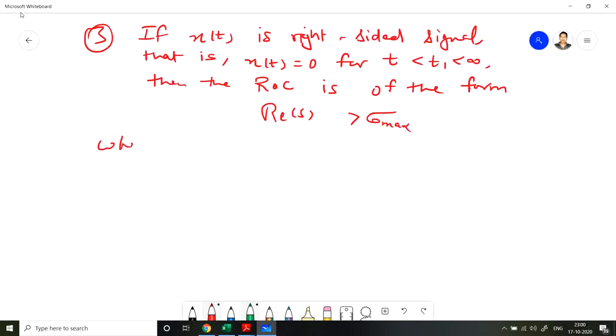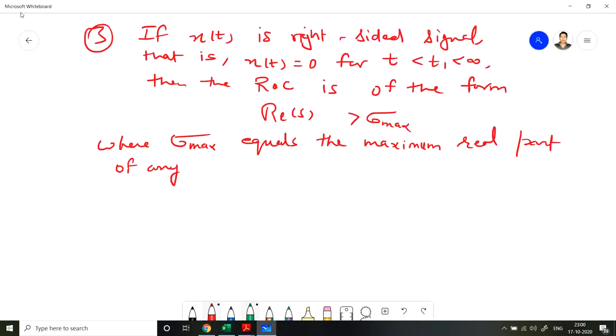So what is sigma max? Sigma max equals the maximum real part of any of the poles of X(s).